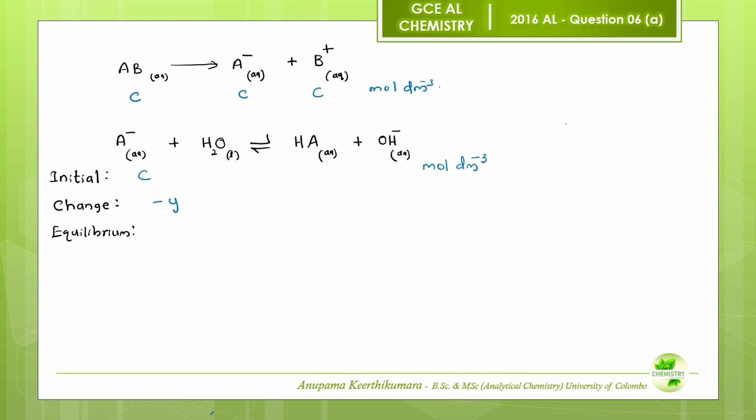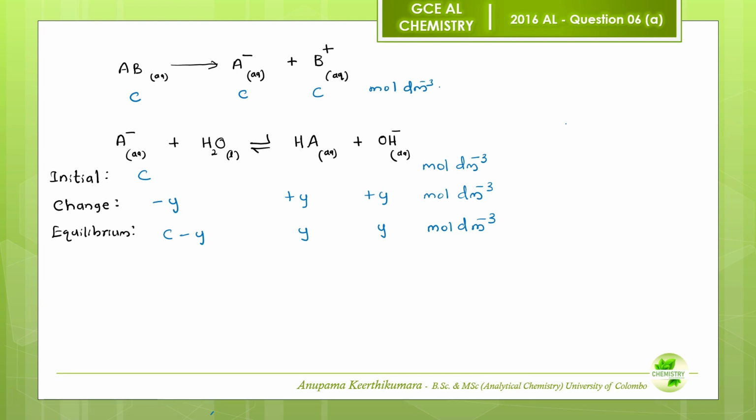If the hydrolyzed amount of A minus is Y, the produced amounts of HA as well as OH minus are also Y. At equilibrium, the concentration of the conjugate base is C minus Y and the produced amounts of both HA and OH minus are Y moles per cubic decimeter.